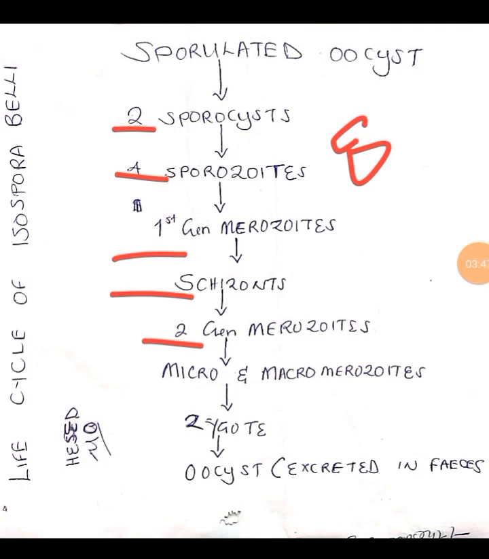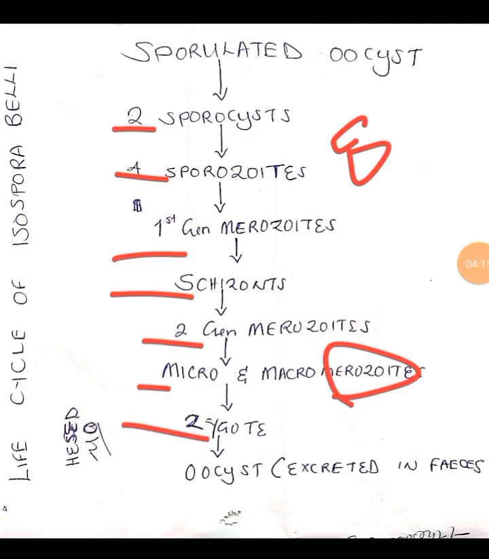Now, some of the merozoites will develop into micro and macro gametes. I made a mistake here. It was supposed to be micro and macro gametes. These micro and macro gametes are there to fuse. When the micro and macro gametes fuse, they form what we call a zygote.